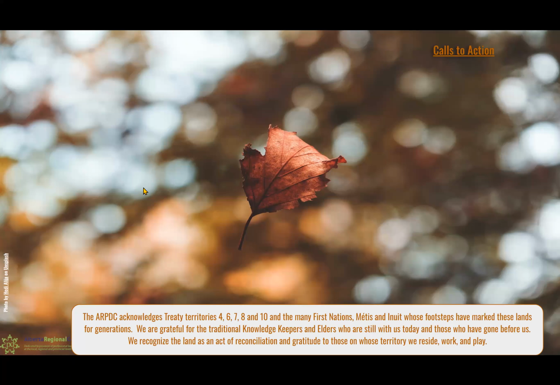And I'd just like to also highlight the calls to action, and they're linked here. The one that speaks to me a lot, among the many others, is calling on Canada to respect the rights of Aboriginal people, and this includes their right to have their languages respected.